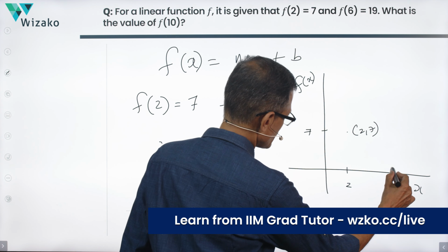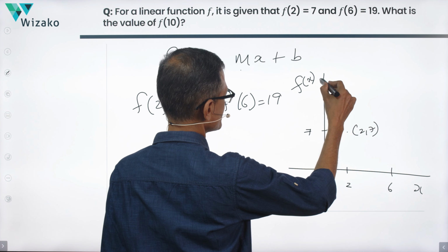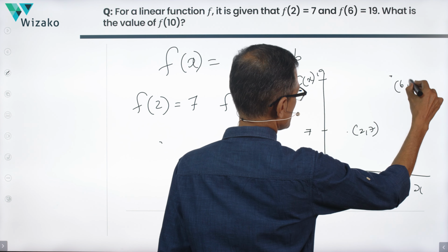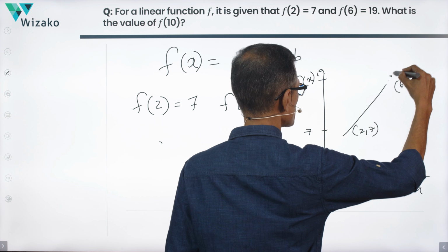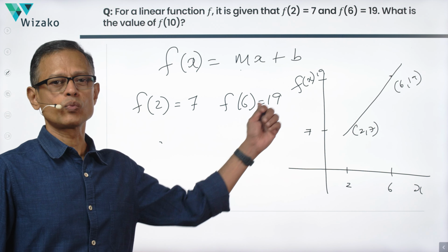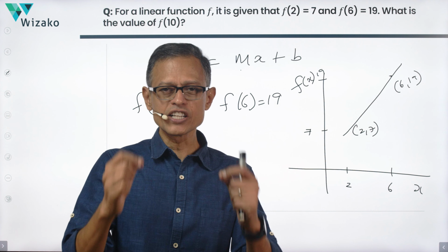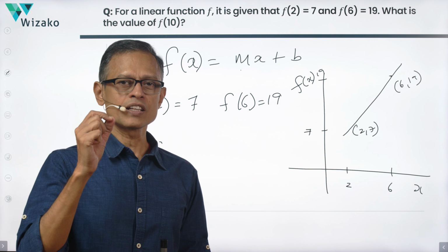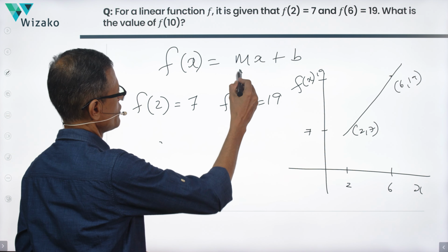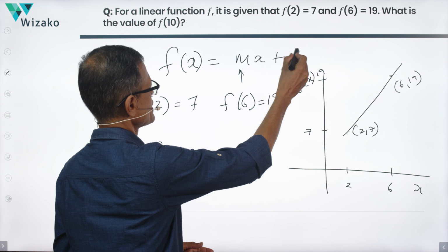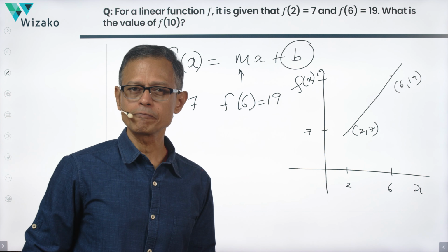The second says x is equal to 6 and correspondingly f of x is 19. So 6 comma 19. Join these two, and we have a straight line. To find the equation of this straight line, this linear function, we need to know the value of m, which is the slope of this line. The second thing we need to know is the y-intercept, which is this value b.